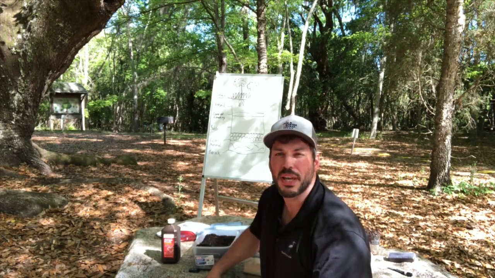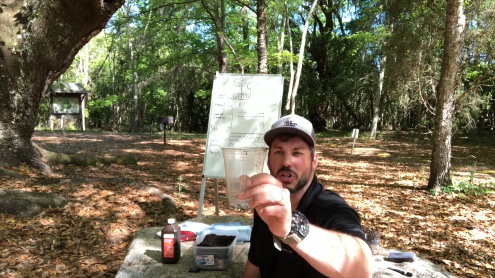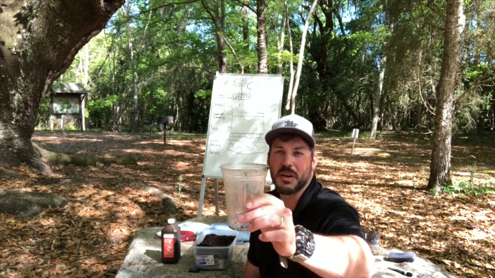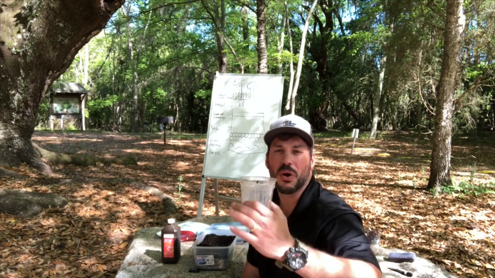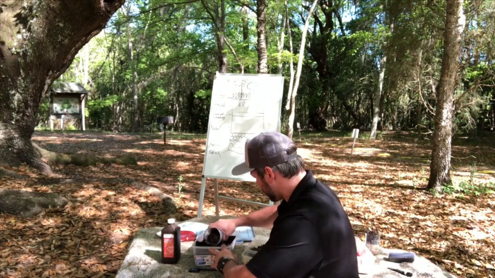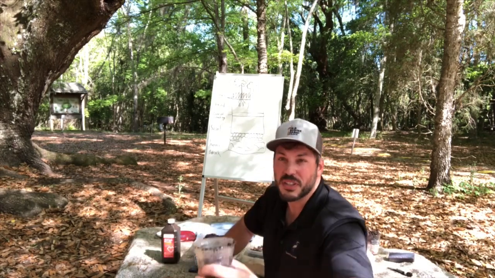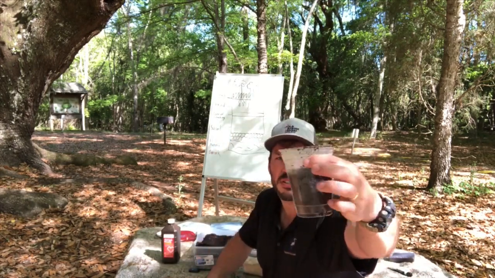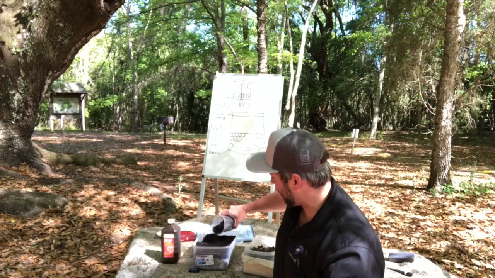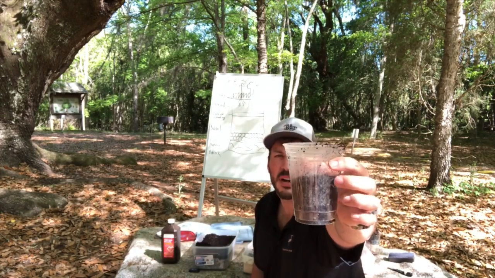What I want you to do is go and find dirt and fill this cup half full, okay? Make sure there's no leaves or bugs in it, just dirt. So I'm going to fill my cup up half full of dirt. So I've got it a little more than half full. I'm going to dump a little out, okay? So there's half full, all right?